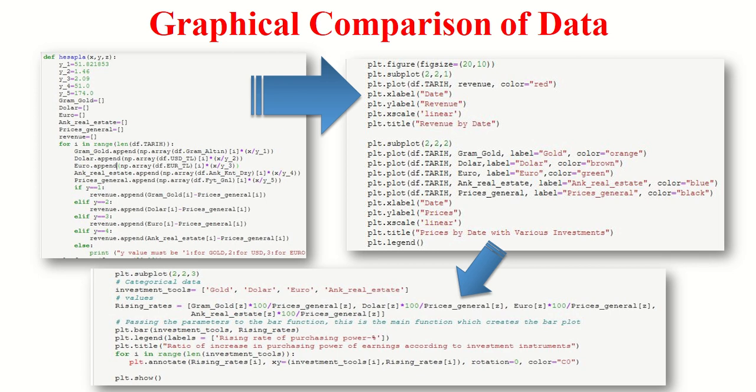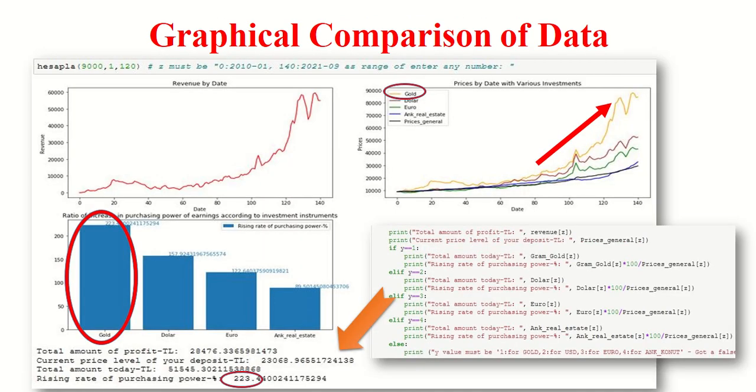Finally, I developed a function to compare the performance of 4 investment instruments for which we supplied the dataset against the general price level. While developing this function, I used the loop structure, condition structure and matplotlib library as seen in the slide. As a result of the transactions, the dollar, euro, gold and a house in Ankara were compared as investment instruments.